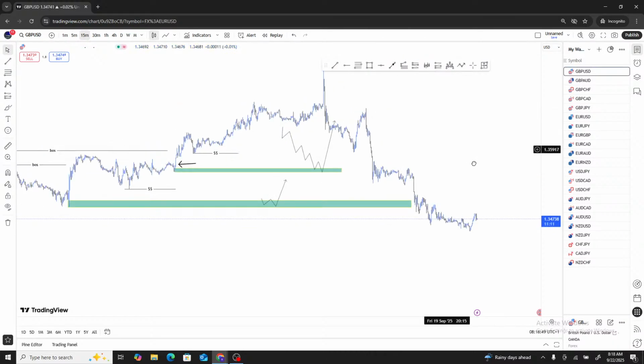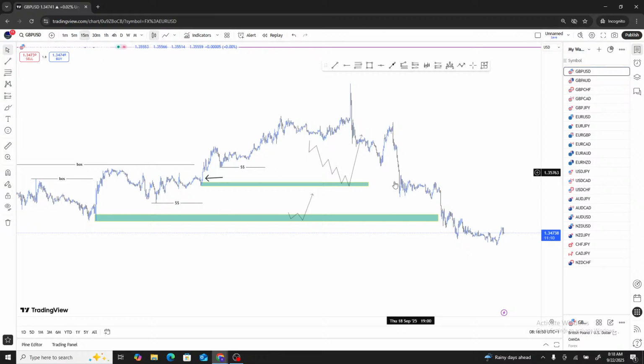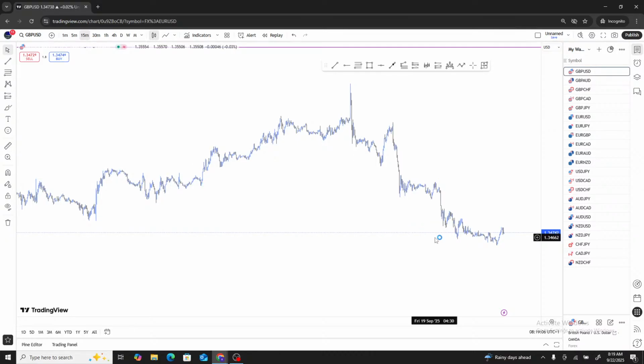There's no W at this level. It was just an impulse. Even here, it was just an impulse, so there was no entry. So I'll be deleting all of this and making a fresh analysis for the week.